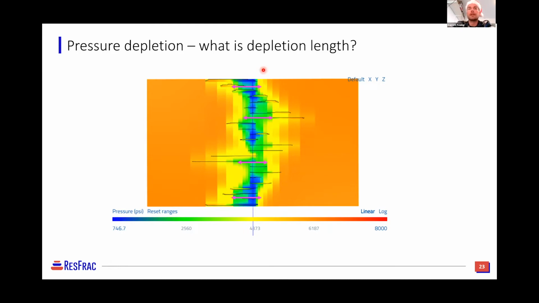And so if I were comparing something like a 500-foot stage to a 250-foot stage, I very well may see a substantive decrease in the drainage region next to the well, right? Because the velocity just isn't high enough to carry the proppant out farther. So a bird's eye view of pressure depletion through time can be very helpful.